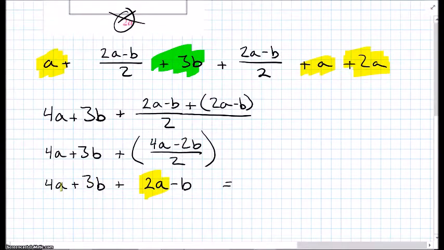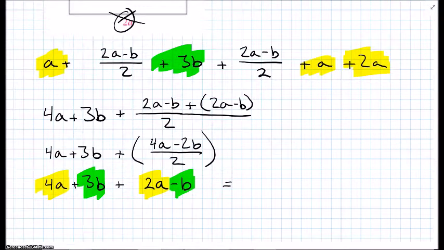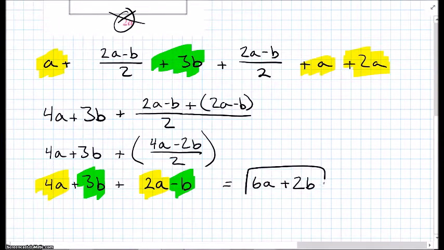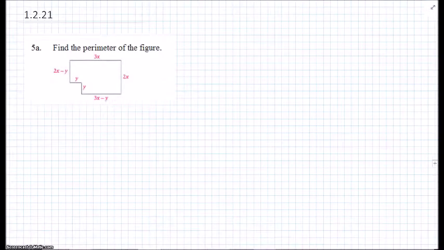I got 2A and 4A, and I got 3B minus B. So my answer, if I sum 4A and 2A, would be 6A, plus 3B minus B would be plus 2B. So 6A plus 2B. And again, make sure your B's look better than mine, because sometimes I always got my 6's and B's figured out.